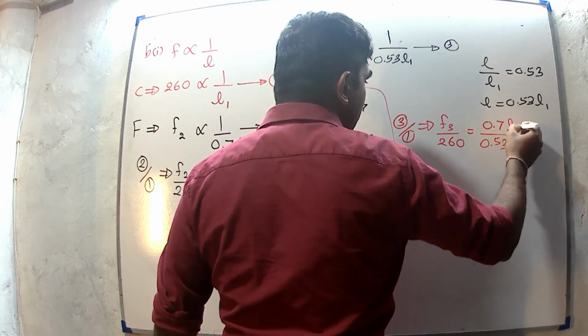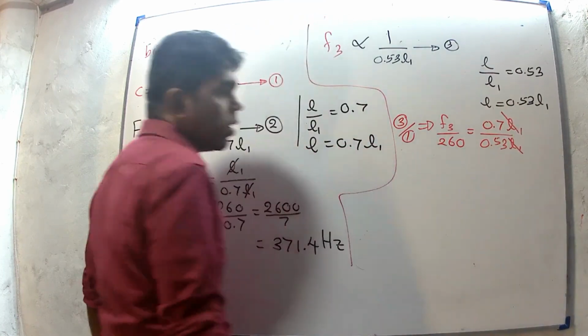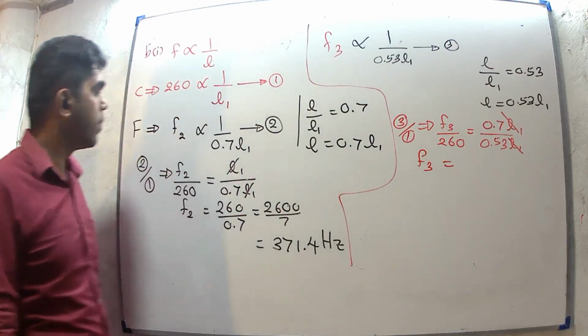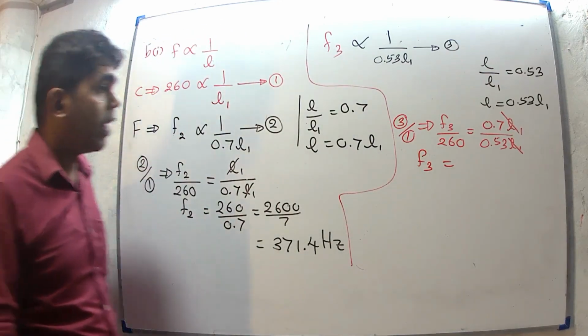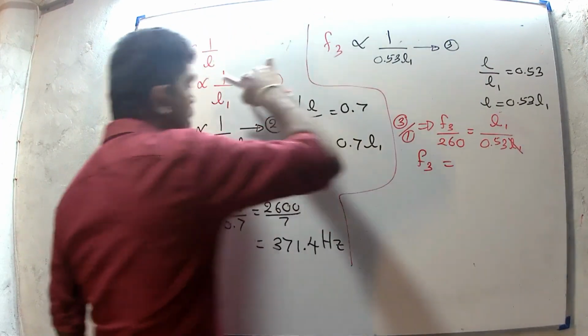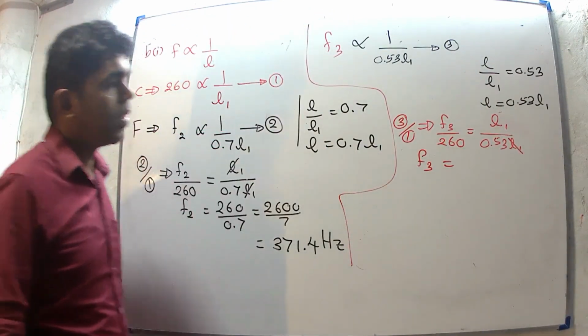Then we have to multiply by the reciprocal. Now we can calculate F3, 1 over L1. We have divided the first equation and the third equation.